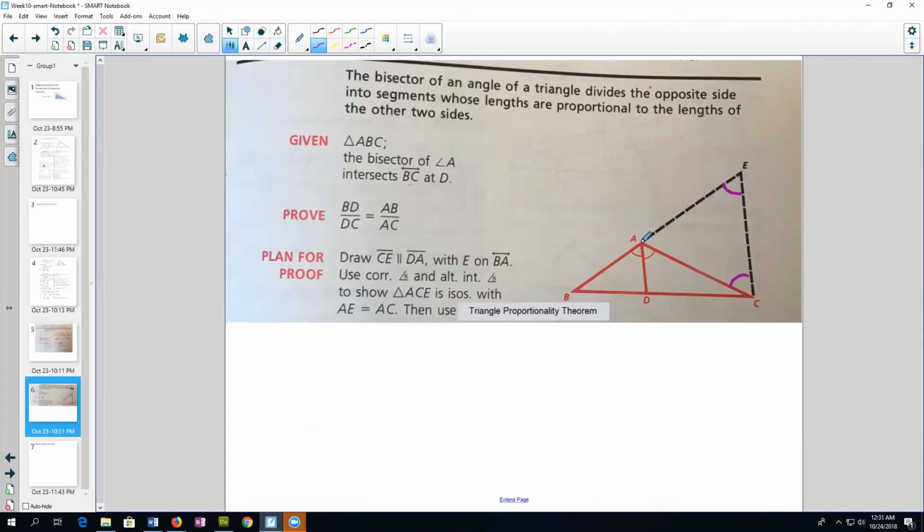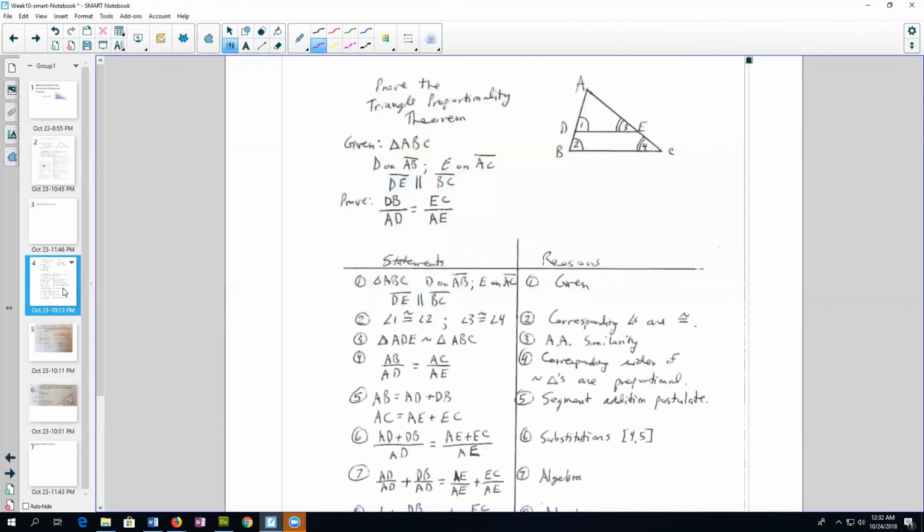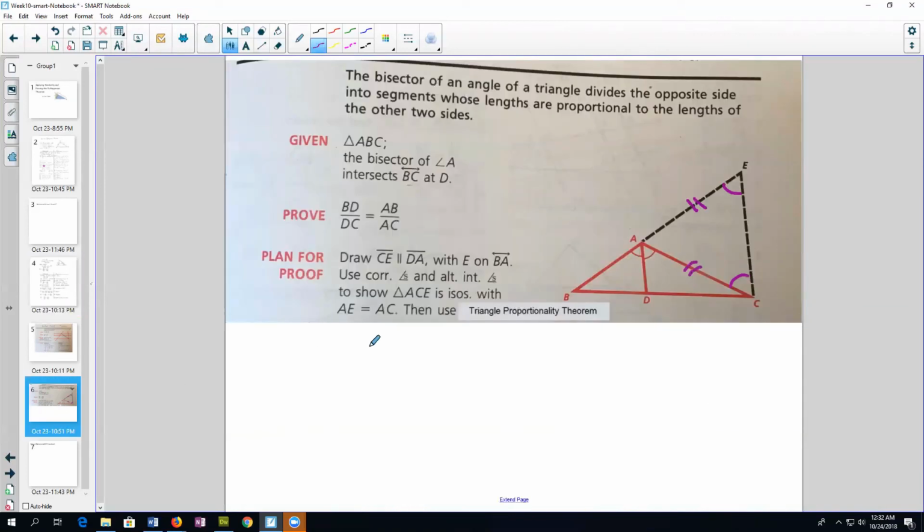Now, if we look at triangle AEC, it is an isosceles triangle because we have 2 angles that are congruent. So that means this side is congruent to this side. Then we set up a proportion here using, once again, our triangle proportionality theorem. Let's see if we can set up that proportion. So we have BD over DC is going to equal AB over AE.